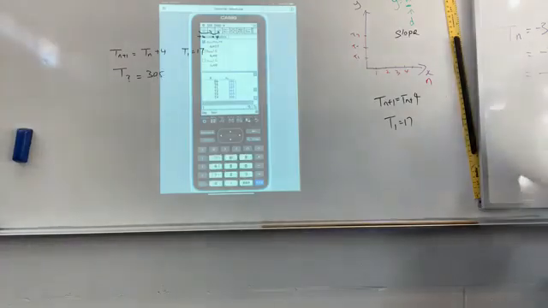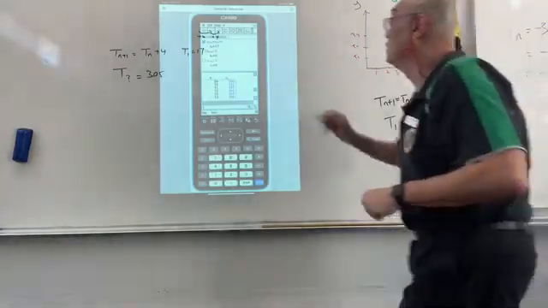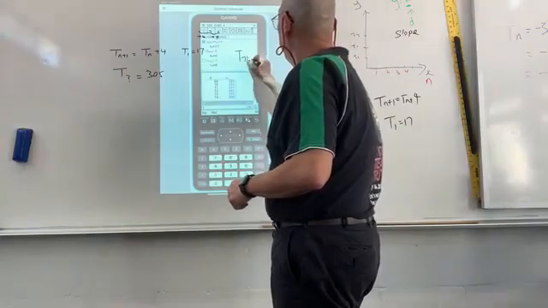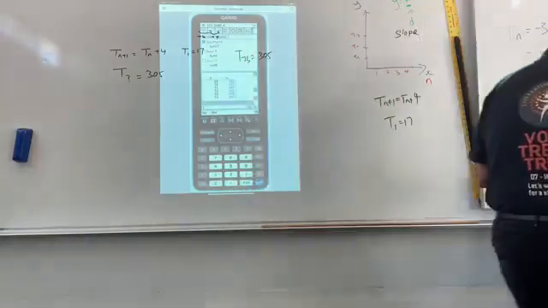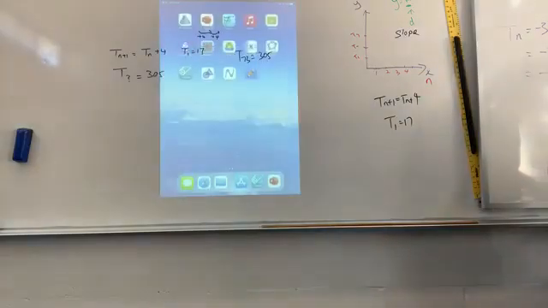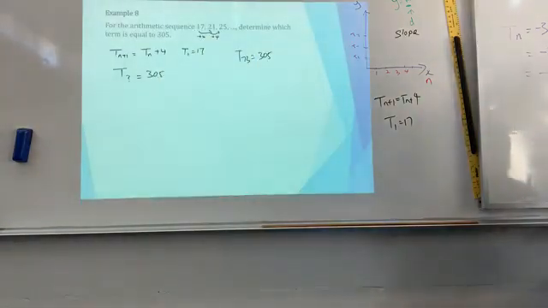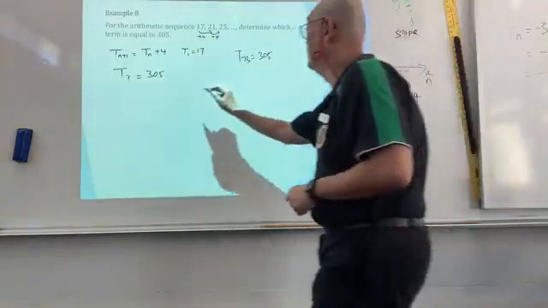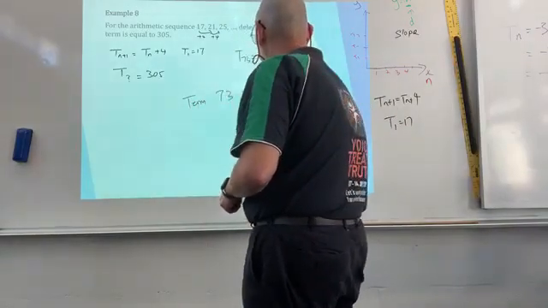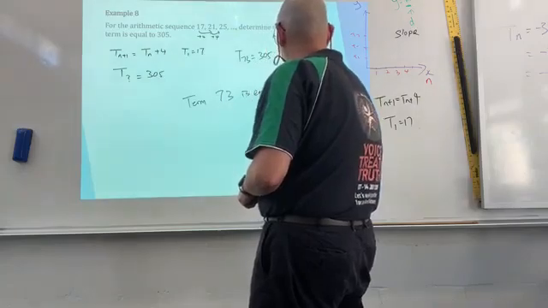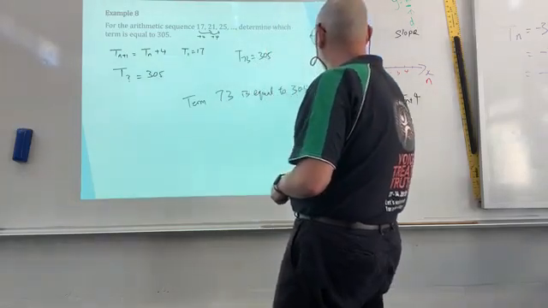So when you answer the question, T73 equals 305. So therefore, term 73 is equal to 305.